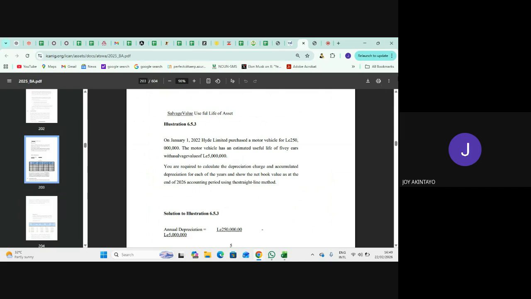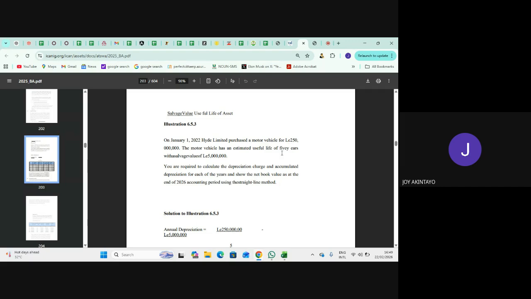Like now, they gave us 250 million, and then they just say our depreciation rate is 20%. Sometimes they may not give you the actual number of years.